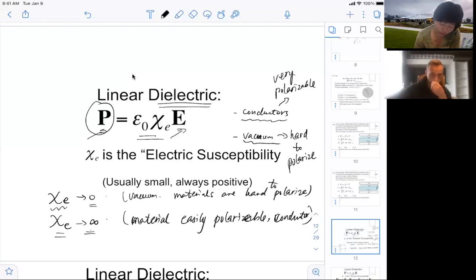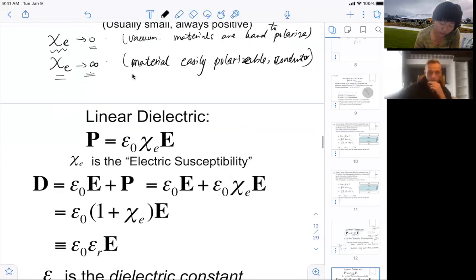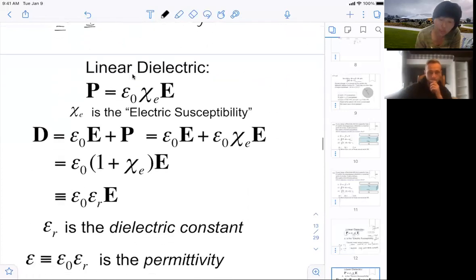For such materials, we are able to define our relationship between D and E. We can do a little bit more to it. Replacing P using the relationship of P and E, you plug in epsilon naught chi E times E, and you can take E outside of the parentheses.